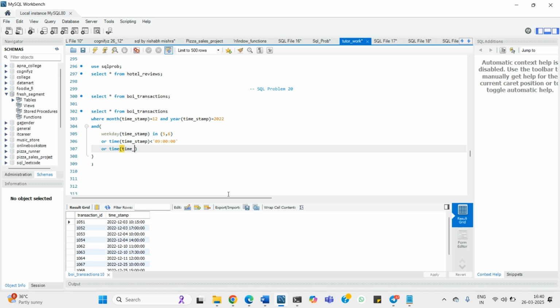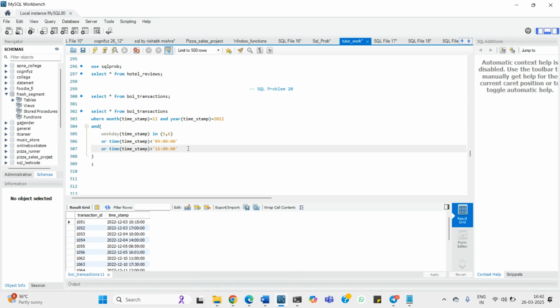You can see hour of timestamp is greater than 16. If it occurs after 16, it is also an invalid transaction because it is occurring after the official hour. So now this is the condition for the time also.